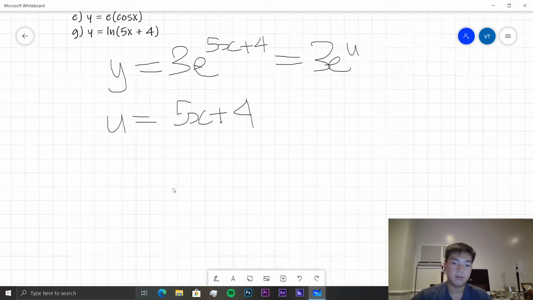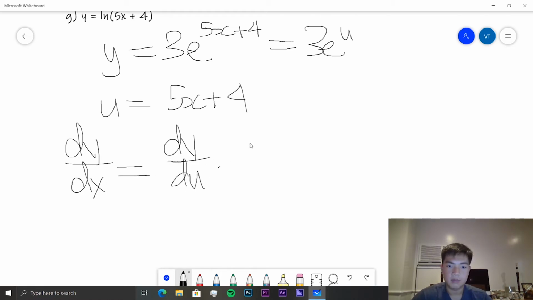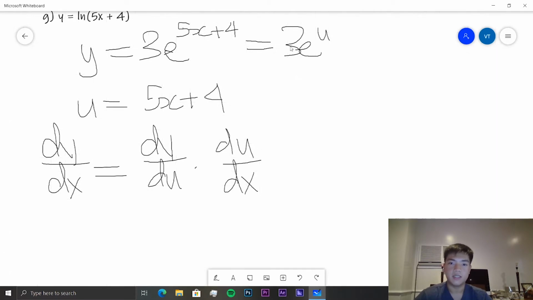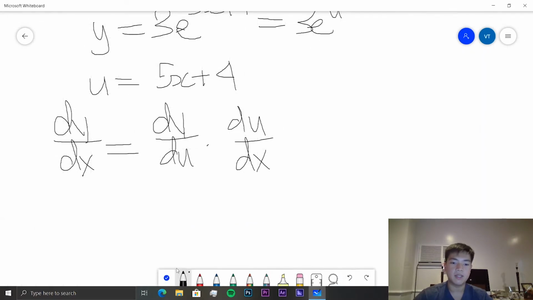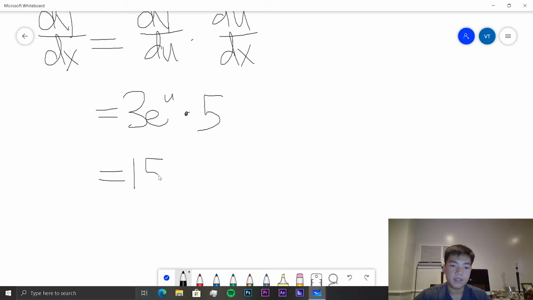Through the chain rule, dy over dx is equal to dy over du times du over dx. dy over du is simply 3e to the u, since the derivative of e to the x is e to the x. Now we multiply it by the derivative of u, which is 5. So we have 15e to the 5x plus 4 as the derivative.